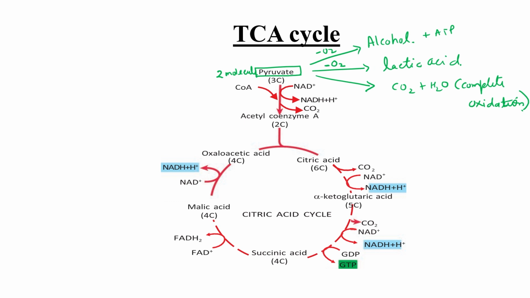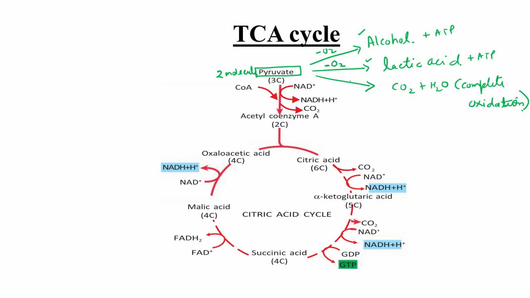Similarly, it may convert into lactic acid, and a small amount of ATP is generated, which is already generated in glycolysis, or in some kinds of prokaryotic cells in which mitochondria is not present, right? So pyruvate may be utilized in the alcohol fermentation pathway or the lactic acid fermentation pathway.